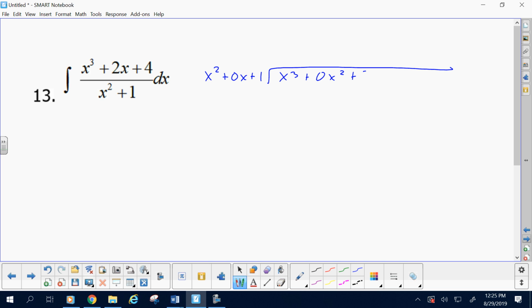Don't forget your placeholders. Okay, so if I take x squared into x cubed, how many times does x squared go into x cubed? Think this way. 1x times, yeah?